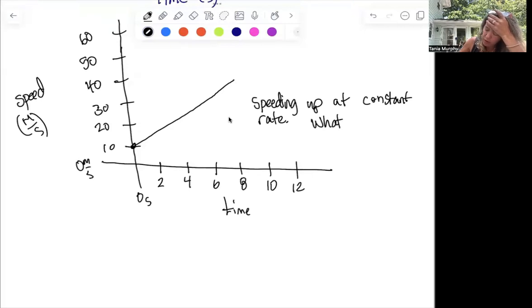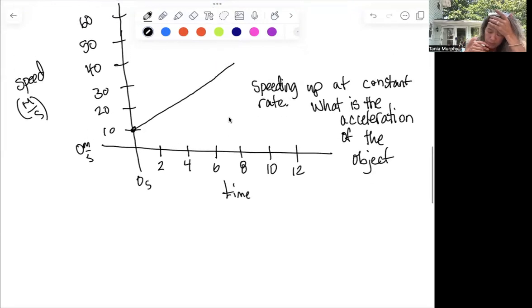If we're speeding up, we're accelerating. What is the numerical value for the acceleration of the object? Well, notice that acceleration equals change in velocity or change in speed over time.